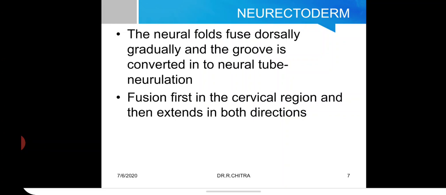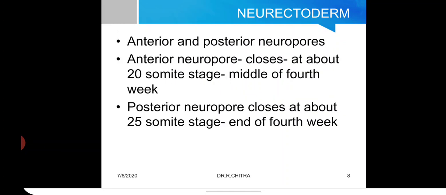If you see, this fusion first starts in the cervical region, then extends above and below in both directions. When they are fusing, they leave pores in the anterior and posterior, called the anterior and posterior neuropores.